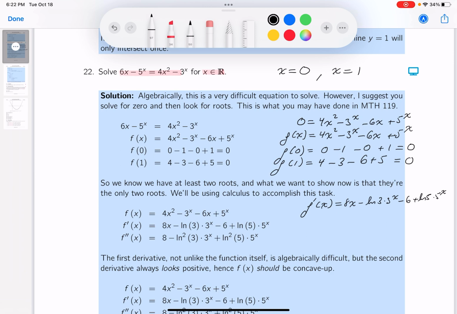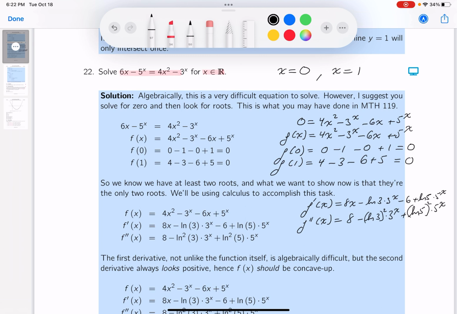So I'm going to go for the second derivative. The second derivative is going to give me information about concavity. This is 8, let's see, minus the natural log of 3 squared times 3 to the x, derivative of the constant is 0, now let's move on, plus the natural log of 5 squared times 5 to the x.